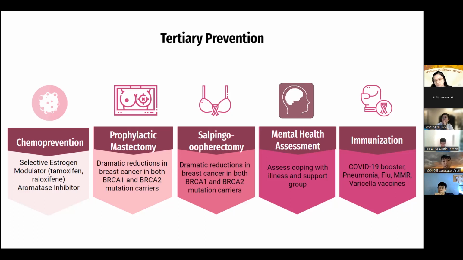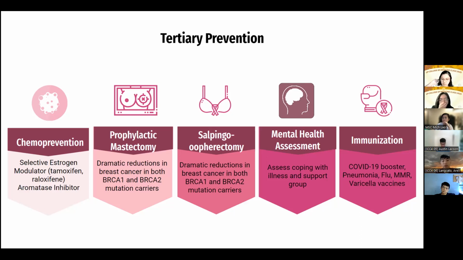Then prophylactic mastectomy and salpingo-oophorectomy is usually considered for our patients who are at high risk, usually patients who have BRCA1 or BRCA2 gene mutation, and who have a first degree relative with breast cancer. Prophylactic mastectomy is able to reduce the incidence and mortality of breast cancer by greater than 95%.